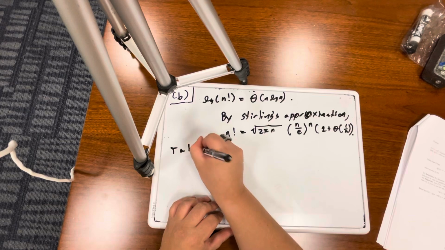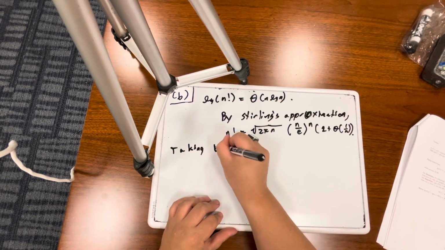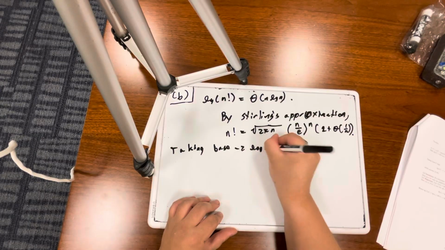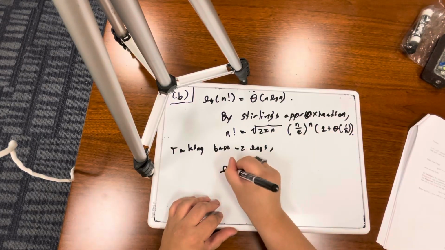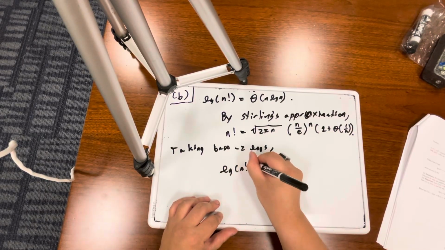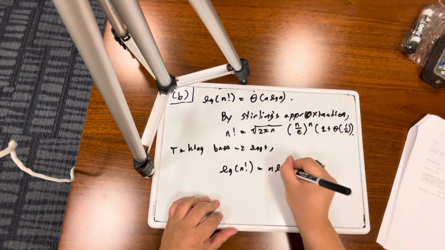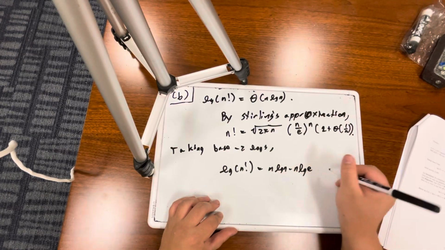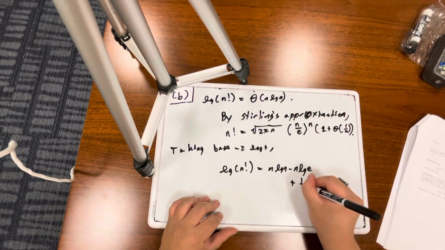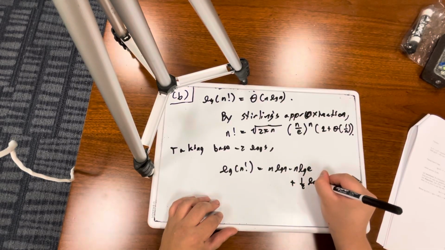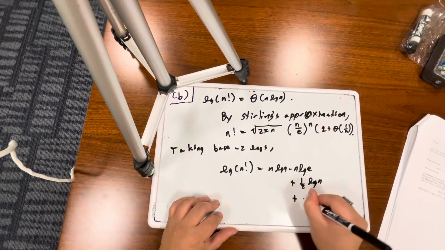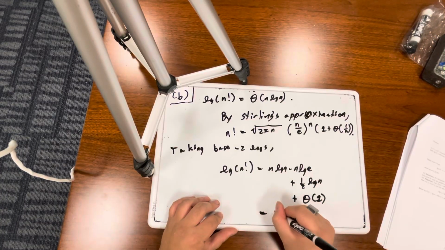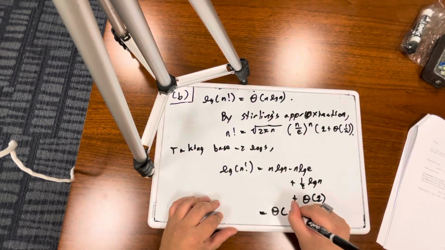Now taking base 2 logs of this, log of n factorial is equal to n log n minus n log e plus 1/2 log n plus theta of 1, which is equal to theta of n log n.